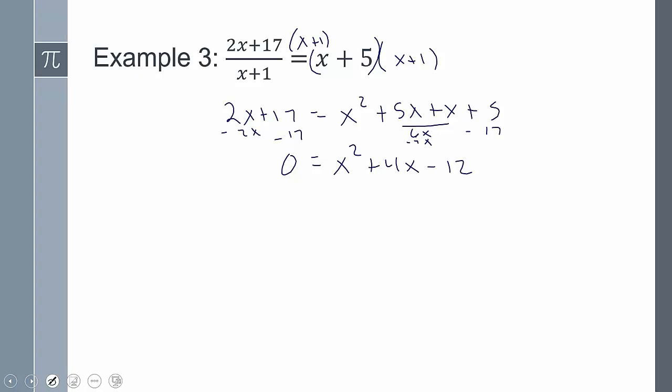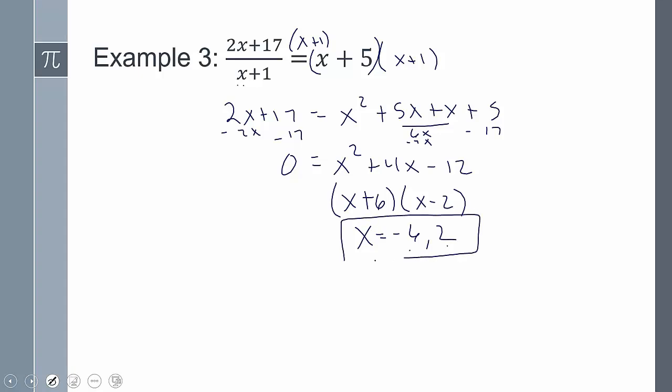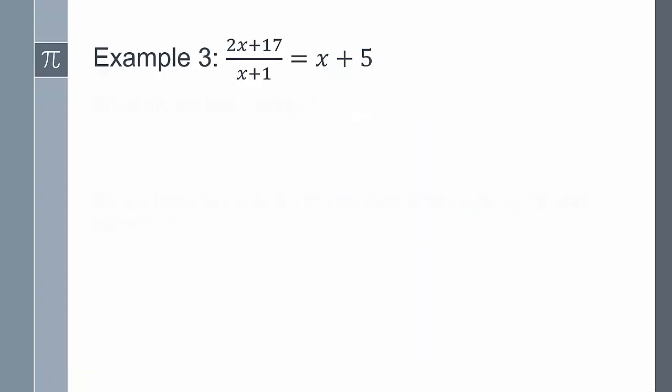A times c, factors that add to 4, so that should be 6 and negative 2. So x equals negative 6 and positive 2. Plug them back in. If I plug in negative 6, I'm not dividing by 0, so therefore it works. If I plug in 2, I get 2 plus 1, which is 3. It's not dividing by 0, so these are my solutions.